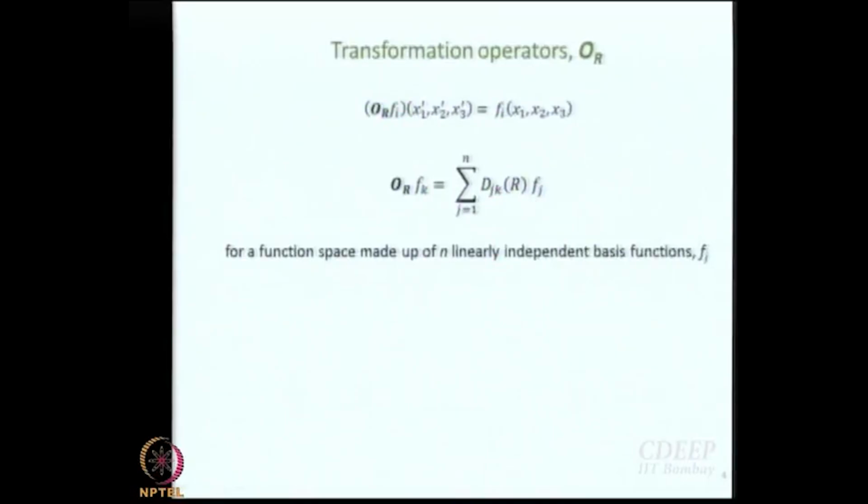That is the matrix element of the transformation matrix corresponding to operation R. What is D(R)? How did we define D(R)? D(R) was the transformation matrix that you worked out earlier for the symmetry operations. Now see whether this makes sense. What am I doing here? If I say sum over j equal to 1 to n and then I write D_jk(R), what am I doing?